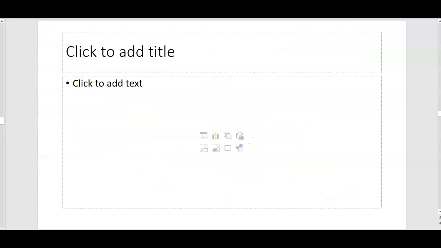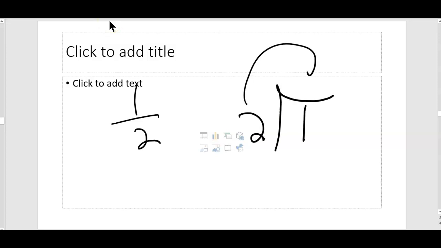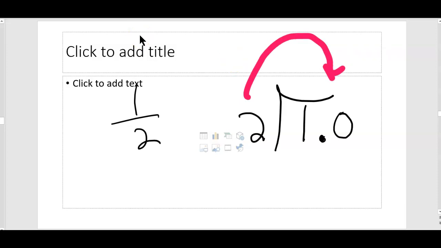Now let's draw. 1 divided by 2 is the same thing as 1 divided by 2. How many times does 2 go into 1? You can't fit it in there. So let's put a decimal here. Add another 0. Now, how many times does 2 go into 10? It does go into 10. 2 times 5 is 10. It fits in there 5 times, right?